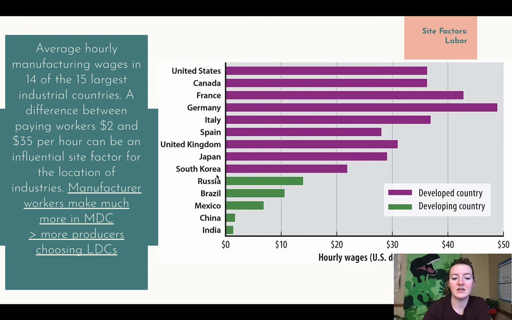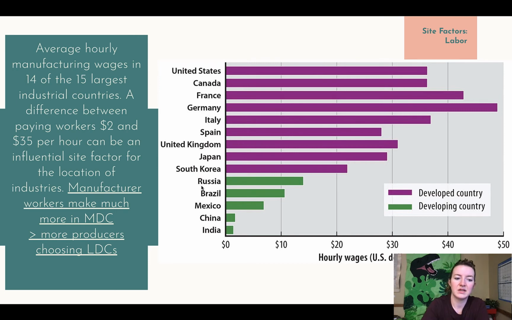And in our more developed places, like stage 3 places like Russia, Brazil, and Mexico, these wages typically are much higher than, say, China or India. Both of these often are looked at still as stage 3, but not quite on the far end like these ones are. And there's typically a lot more income disparity between the wealthy and the poor in China and India than we might see in other places.